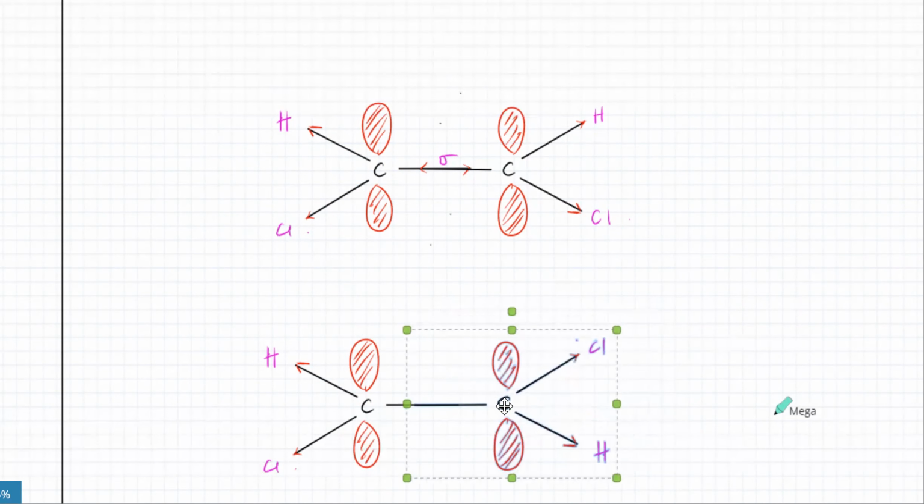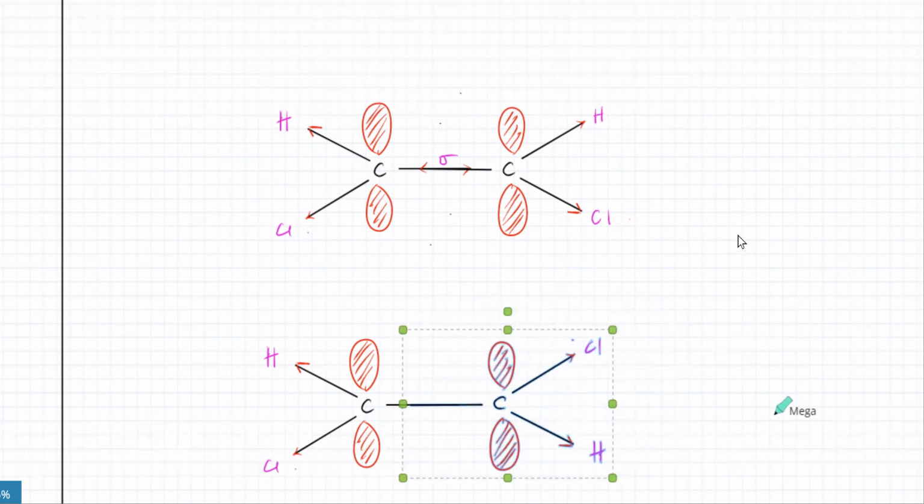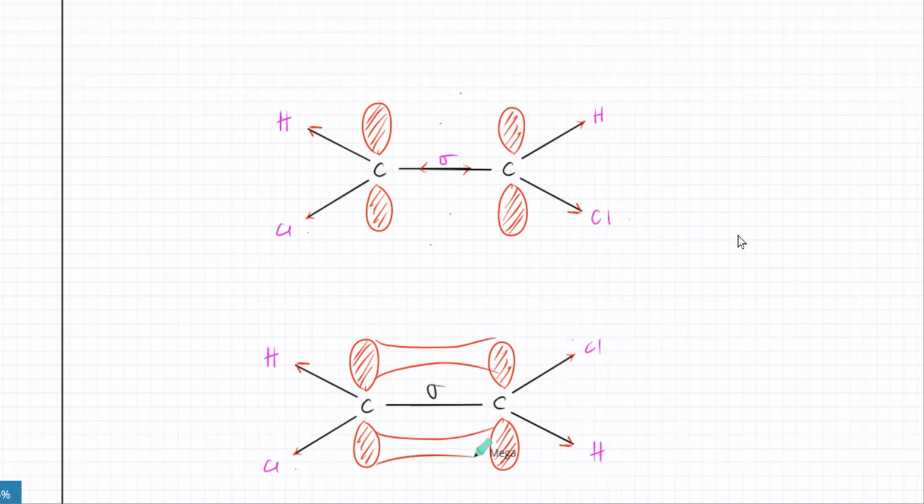So they're going to come and they're going to bond, and the middle part they would form a sigma bond. And there's going to be overlapping that would happen above and below. That would end up forming pi bonds. The same thing would happen over here as well.